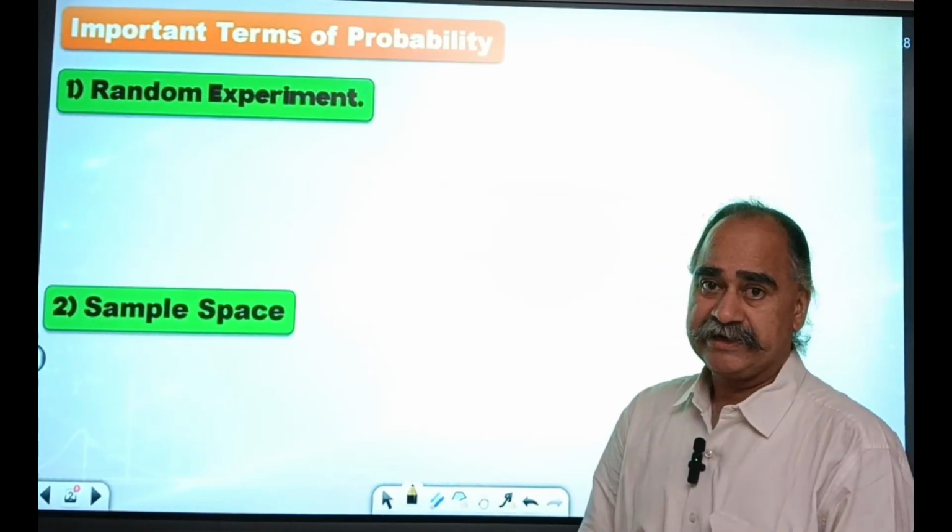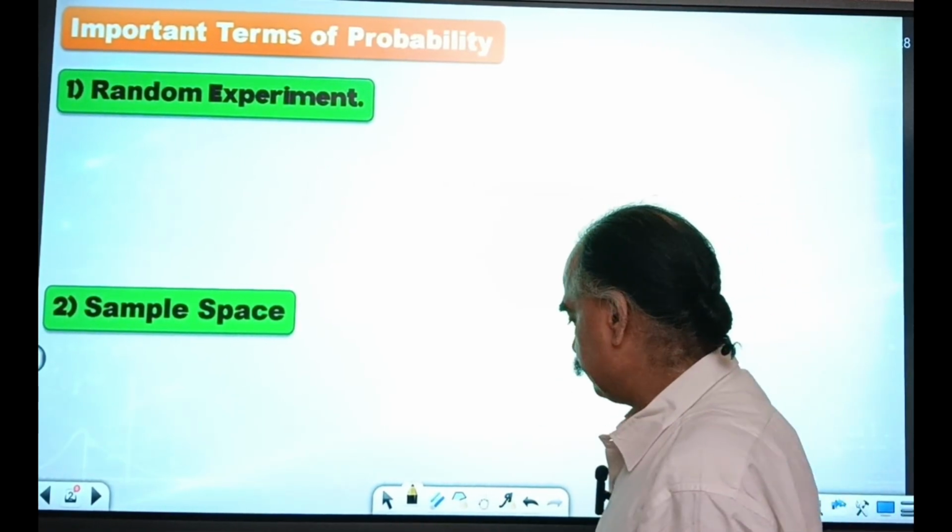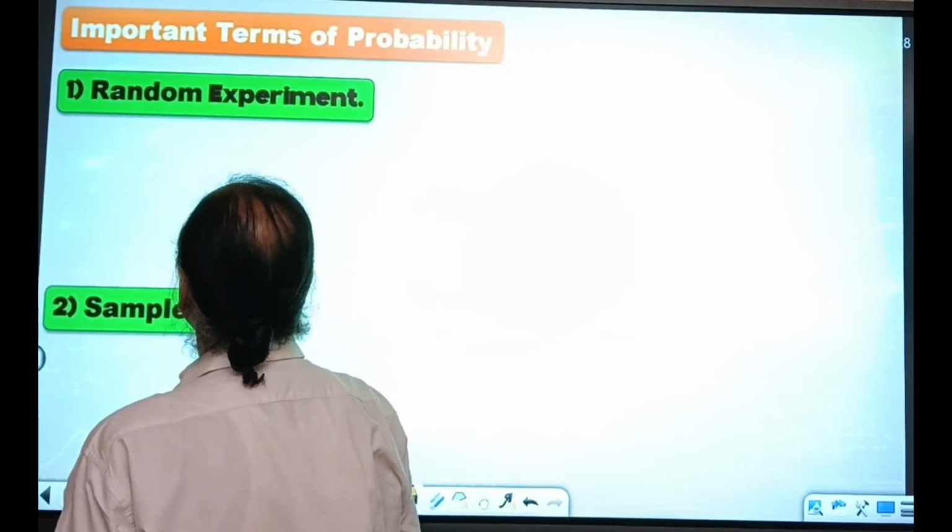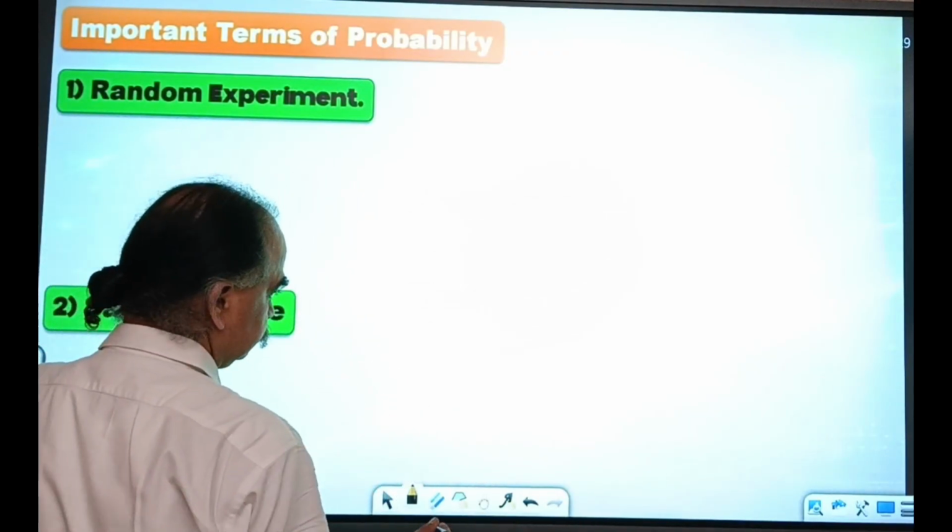Important terms of probability. The first important term of probability is random experiment.